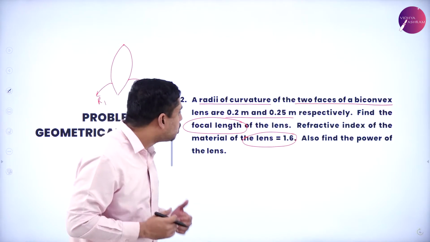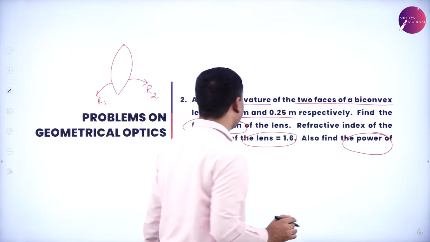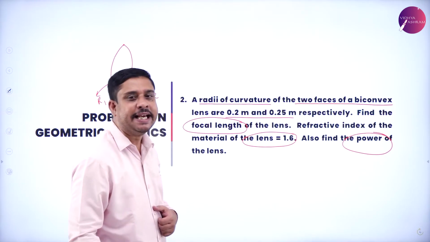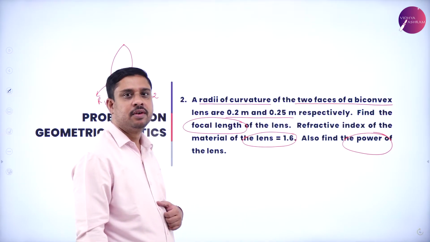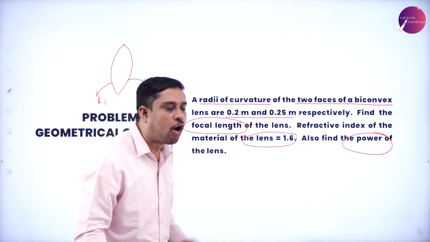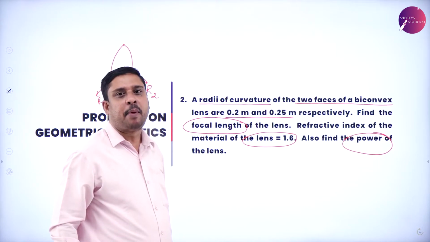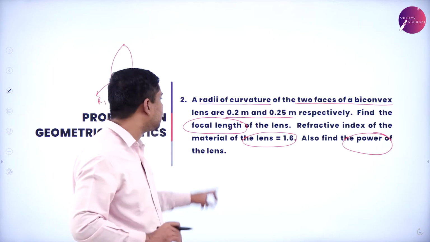And also I have to find the power of the lens. So I have to find the focal length of the lens as well as the power of the lens.